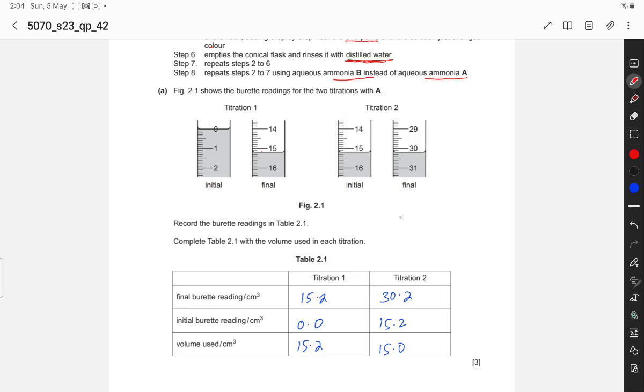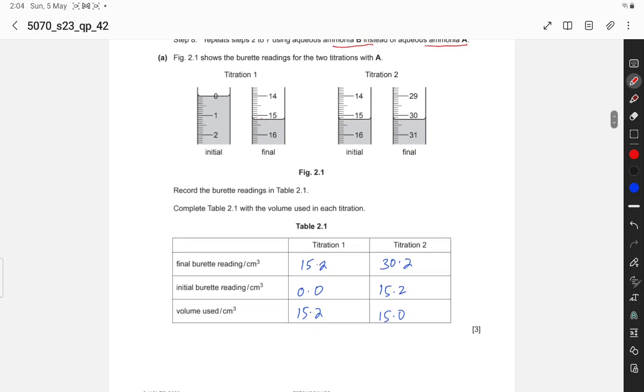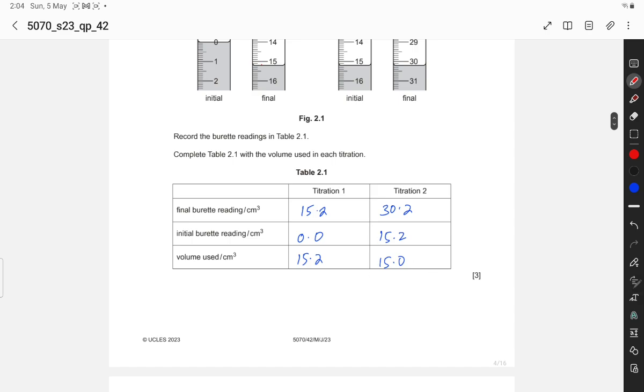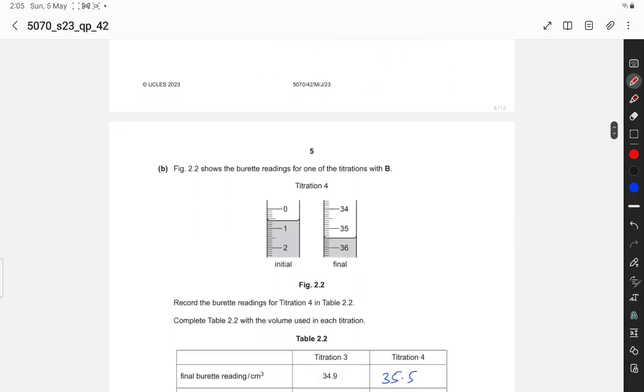Similarly, 30.2 is the final burette reading for the second titration and 15.2 is the initial burette reading. By subtracting 15.2 from the final reading we get 15.0.